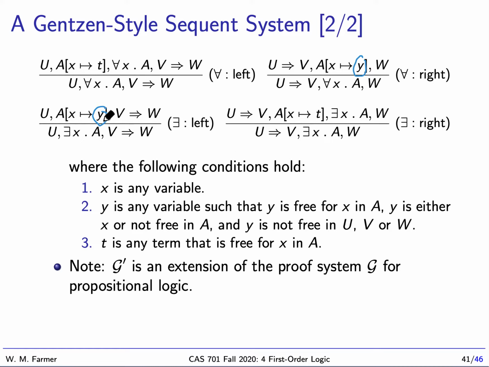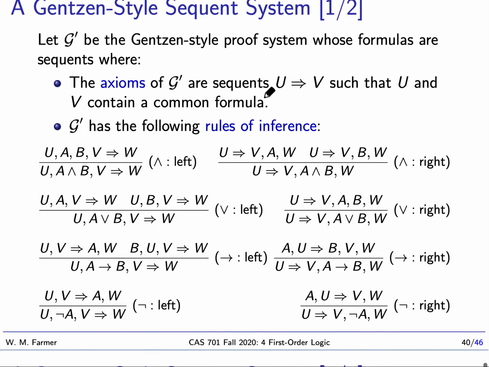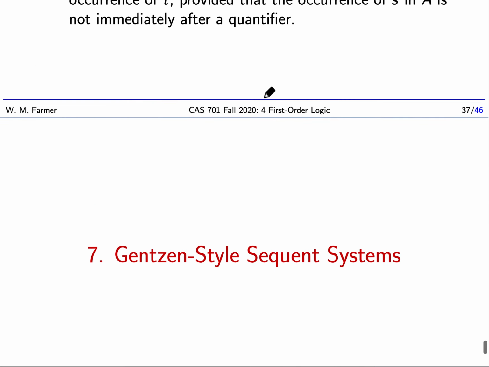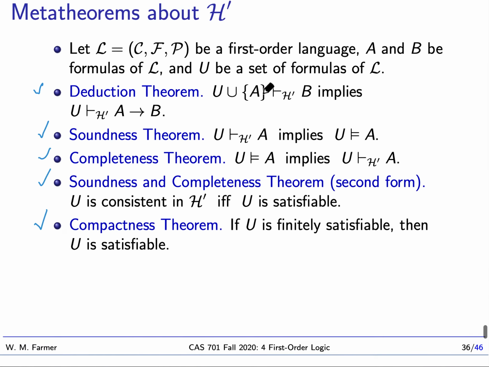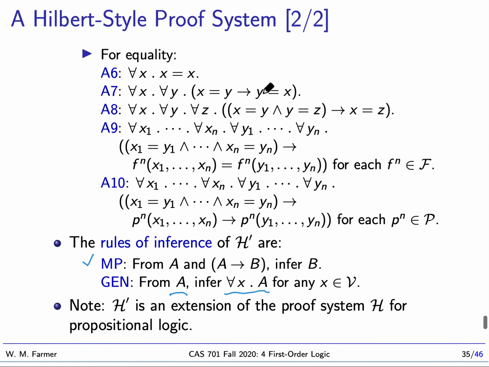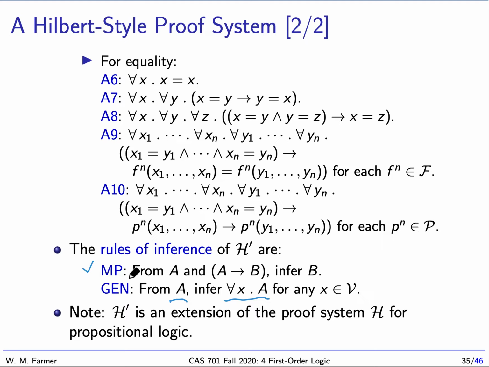The important thing to see is that these two rules, existential left and universal right, really correspond to Gen. If we go back up to the Hilbert-style system, we had this rule Gen right here. Gen stands for generalization.